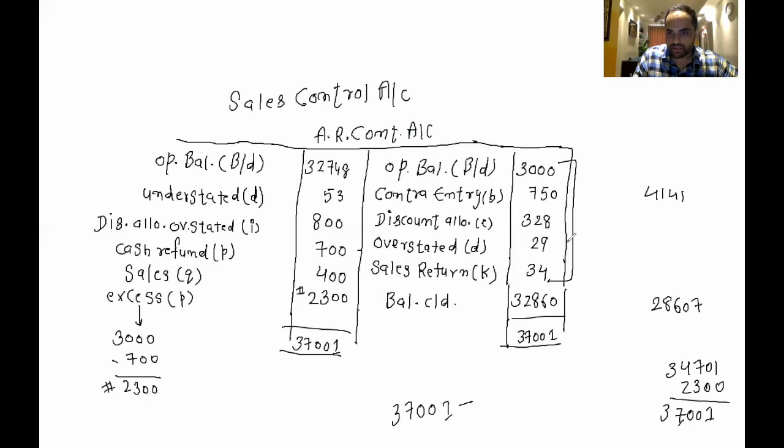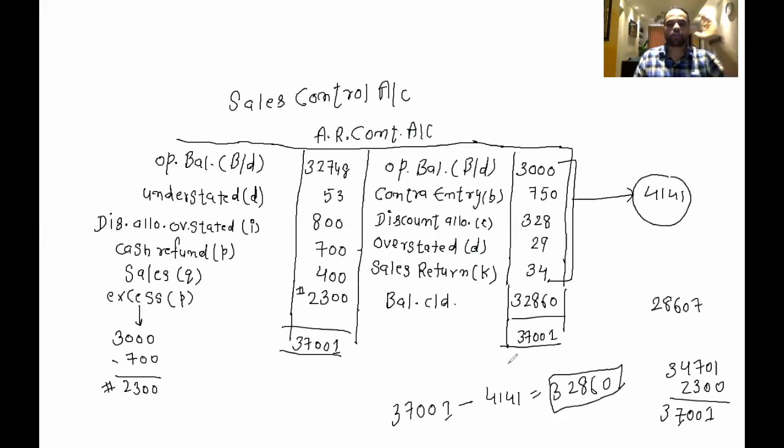So that will be, I don't know, 4141, I guess. Yes, 4141 here. Right. So 37001 minus 4141 is equal to 32860. So this is the balance of your control account.